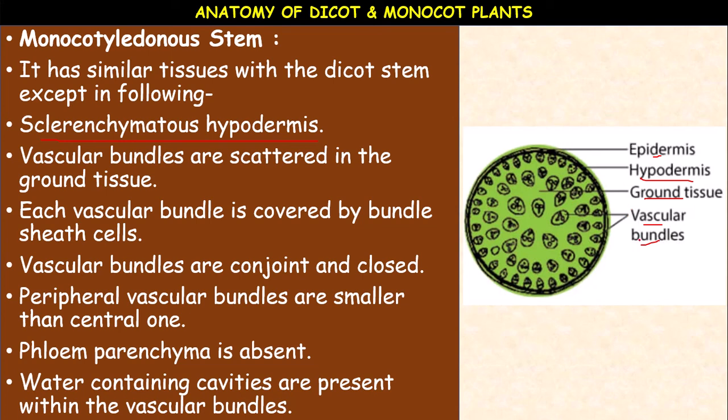Medullary rays are found in between the vascular bundles in dicot, but medullary rays are absent in monocot. In dicots there is secondary growth, because vascular cambium is present, but in monocots there is no secondary growth in the stem.